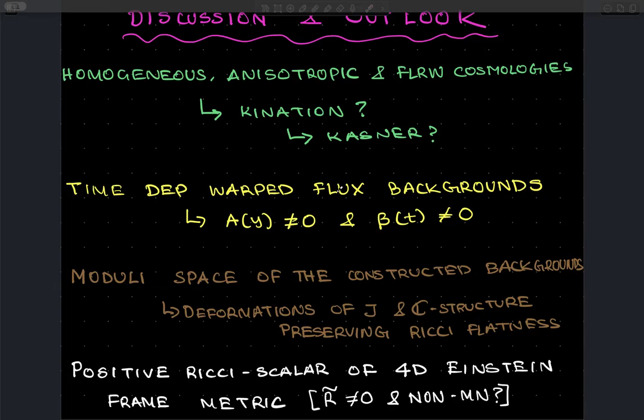And lastly, what can we say about the positive Ricci scalar of the 4D Einstein-frame metric? We were looking at Ricci flat compactifications. Maybe having non-MN type fluxes alongside non-Ricci flat compactifications might help in the story. That's something that we are trying to understand more. Thank you.